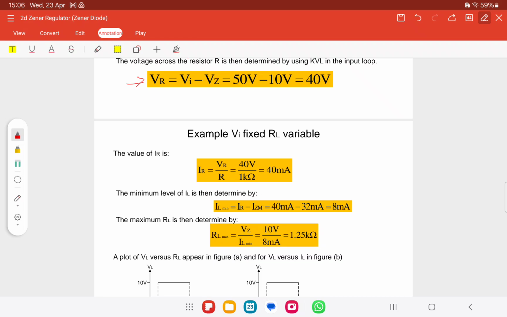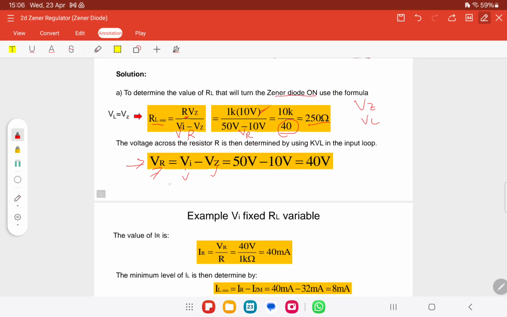And then once we get VR, this is VI given, Vz given, then you can get the VR. Okay, VR is because the resistor has one point at the Vs and another point at the Vz or VL, the same. Okay, so you can get the value of the VR.